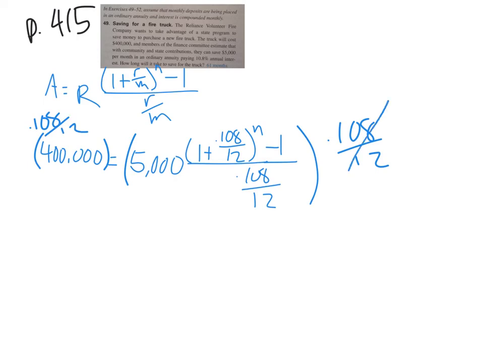So it cancels out here. On the other side, 0.108 over 12 times the 400,000 will give us 3,600. I'm going to put this in brackets real quick because you have to remember that the 5,000 is not actually in the numerator.